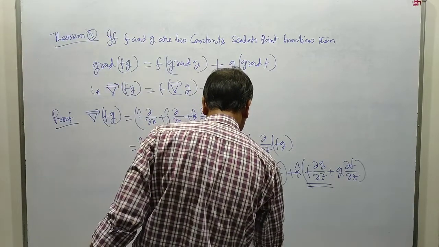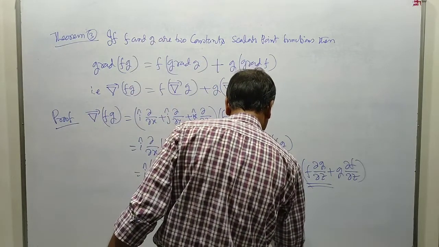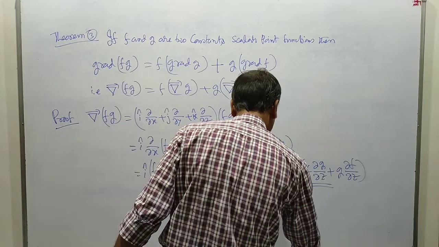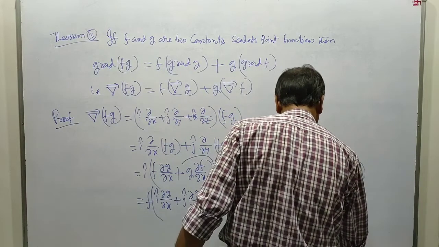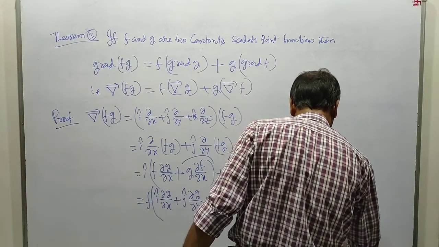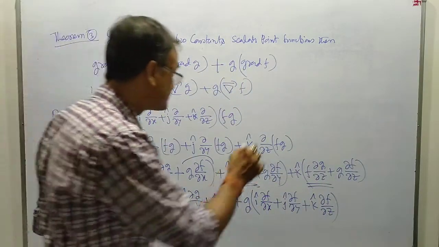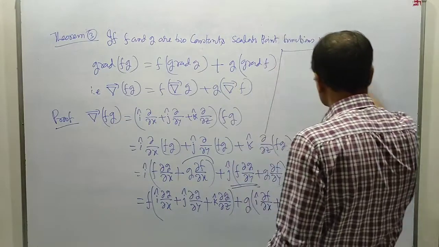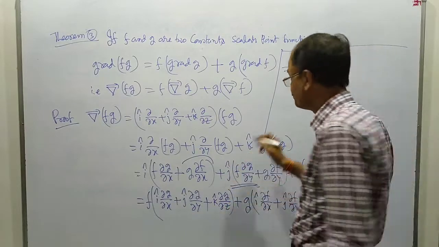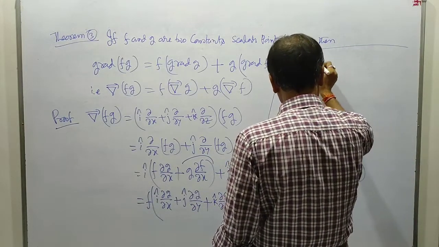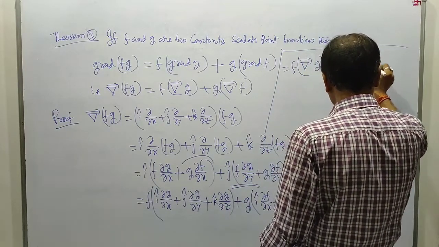plus g times i cap ∂f/∂x plus j cap ∂f/∂y plus k cap ∂f/∂z. This is equal to f times the gradient of g plus g times the gradient of f.